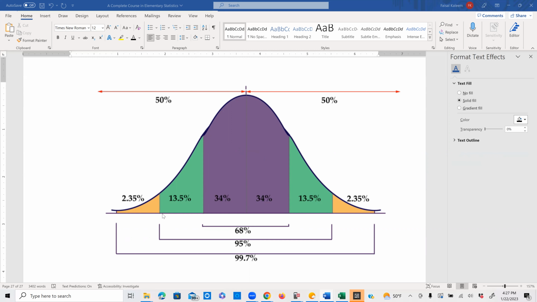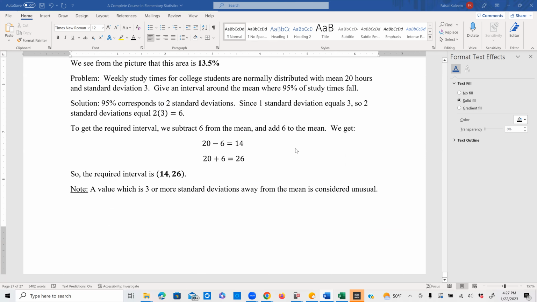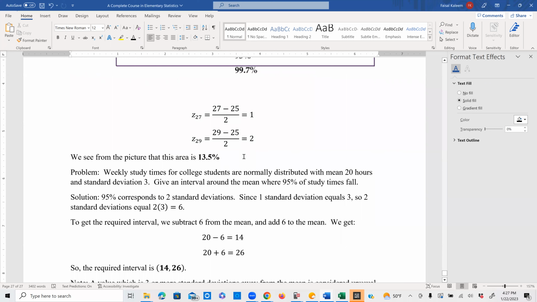So if we subtract the two, we get this and this. So if we do 95 minus 68, that actually gives us 27.